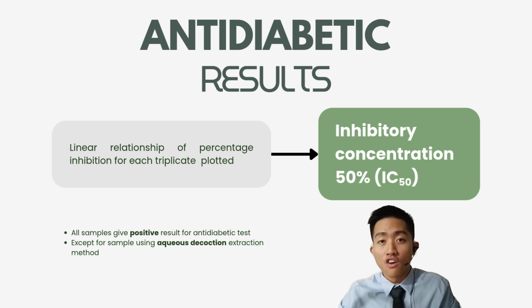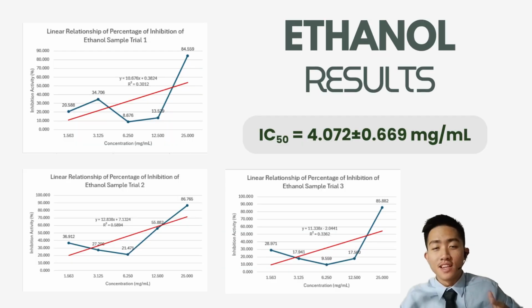Linear relationship of percentage inhibition for each triplicate of the samples has been plotted to find the inhibitory concentration of 50% or IC50. This is the linear relationship of percentage inhibition for M. malabathricum ethanol extract, which has an average IC50 of 4.072 mg per milliliter.